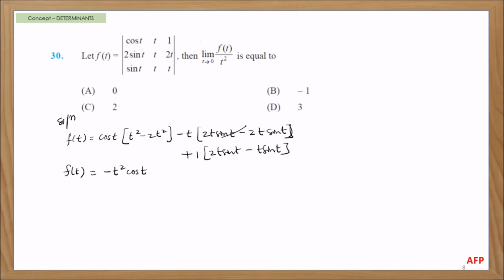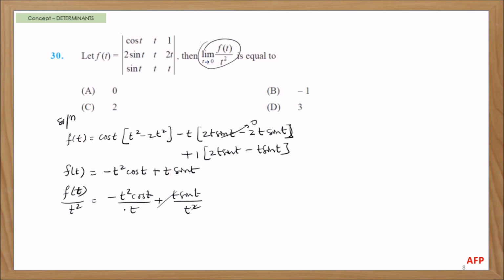So here completely it is 0. So here what we got, minus t square plus t sin t. So this is the concept we are having. Each and every term, if you divide it by t square, what you are going to get, one t is getting cancelled.